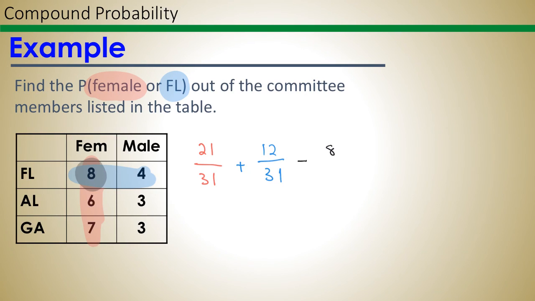So I get 8 over 31. That gives me 25 over 31. So that's the probability that if I randomly picked a committee member, 25 out of 31 of them will either be from Florida or a female.